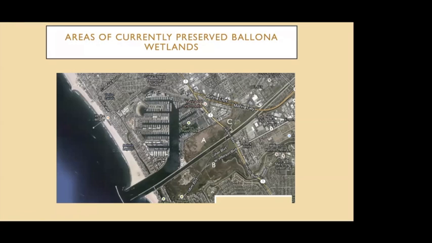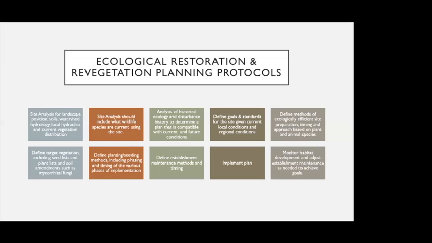we know what's out there because a lot of people have been looking at it. You have to do your site analysis for landscape position, soils, watershed hydrology, local hydraulics, and the current vegetation distribution.